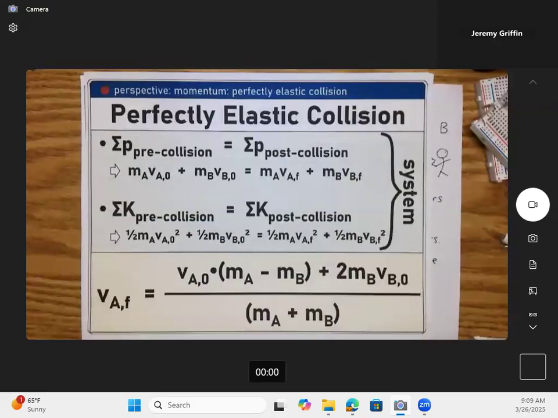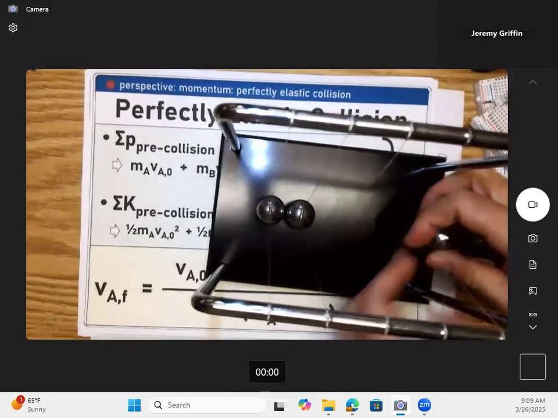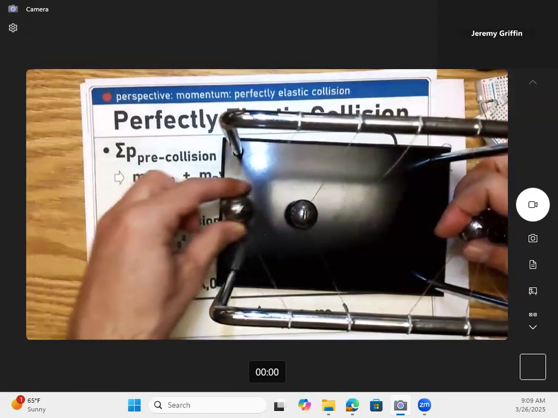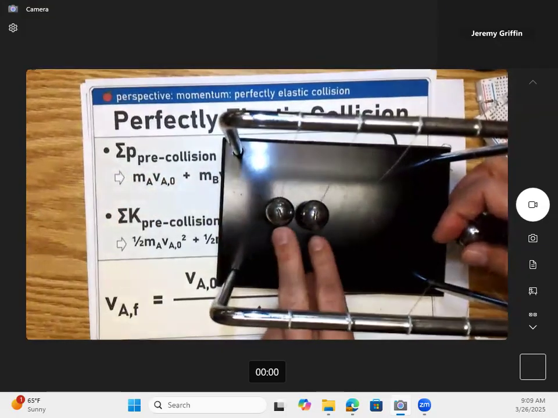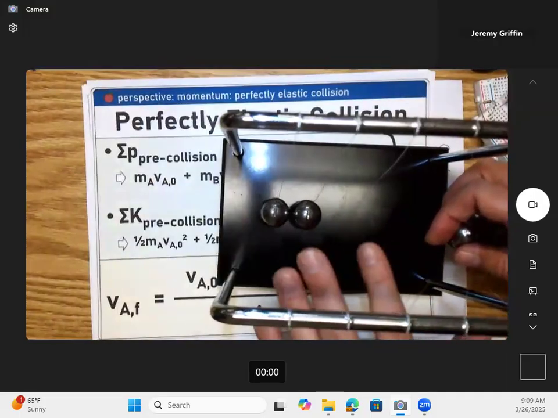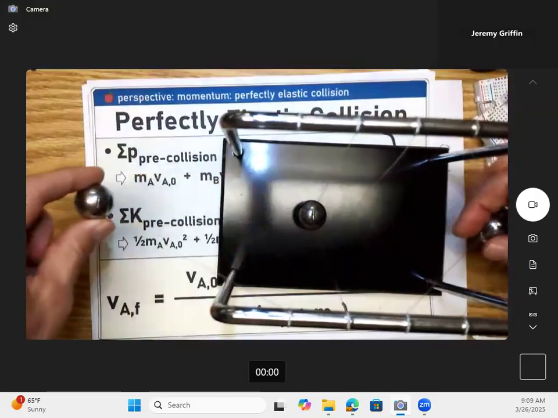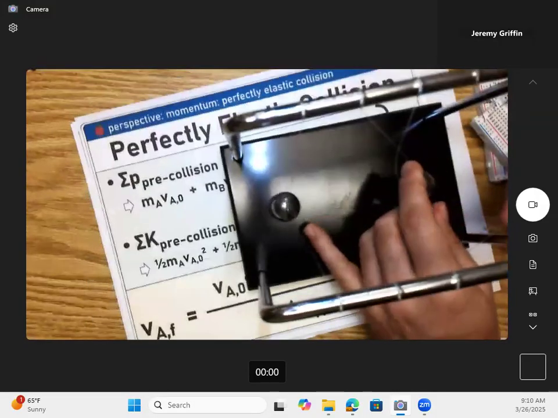The other way I've seen elastic collision incorporated, in some FRQs in the past, is as one small step of a larger puzzle. They might have a ball that rolls down an incline and slams elastically into a stationary ball, and they'll specify that both have the same mass. If they're the same mass, it's elastic, and one starts at rest, what happens to the ball that slammed into it?